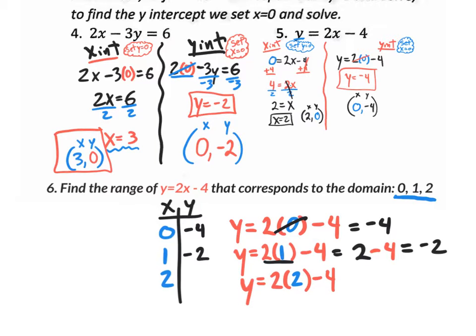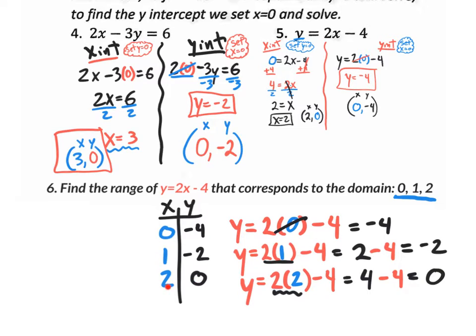If we plug in the 2 right there, it's going to read y equals 2 times the input 2 minus 4. Let's do the math. 2 times 2 is 4. So you really have 4, and then you have a -4 right after it. And we know that 4 minus 4 is 0. So for the input 2, we got the output 0.